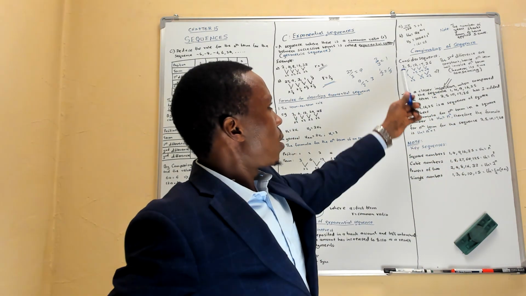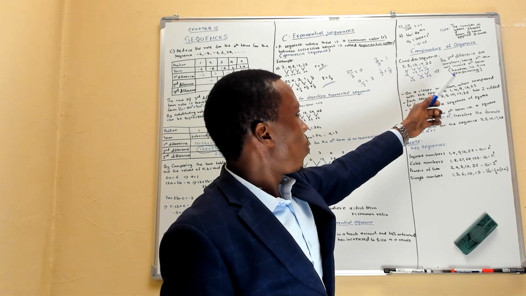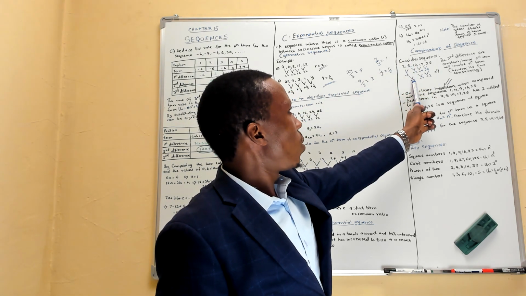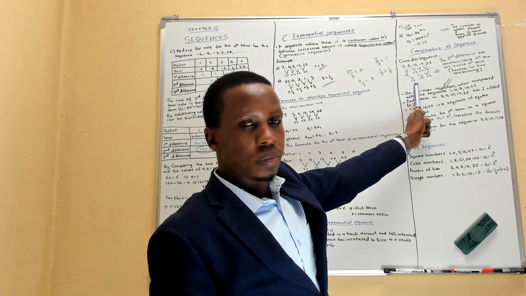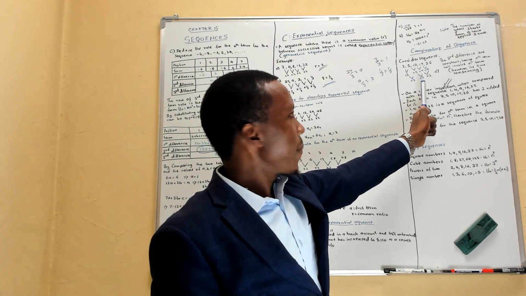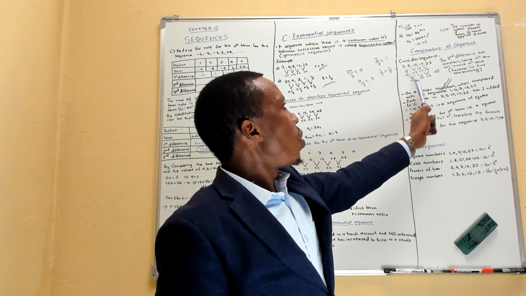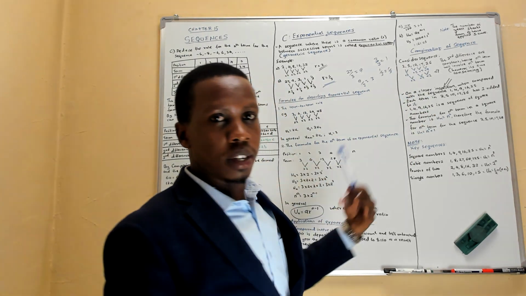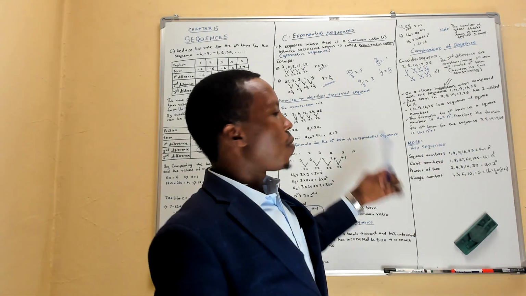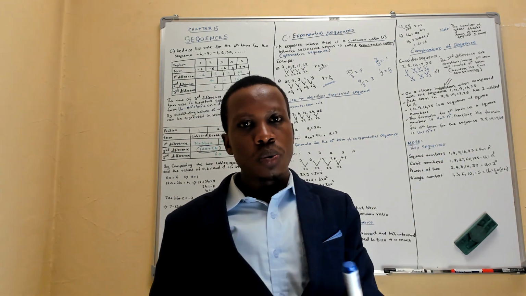If you look at this sequence, you will agree with me that the second difference is common. But I'm now telling you that you can do it this way, and they follow the same procedure we have been using to find the nth term rule.